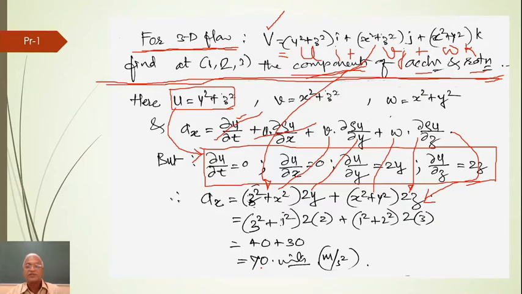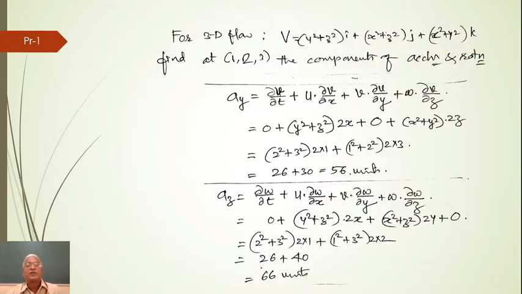On the same lines we'll work out for y also. Okay, here when I write ay is differentiation with respect to t of v is this, so this is nothing but v plus terms are u into dou v by dou x, v into dou v by dou y, omega into dou v by dou z.